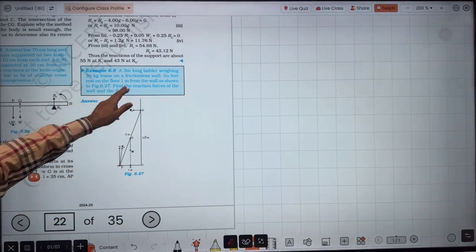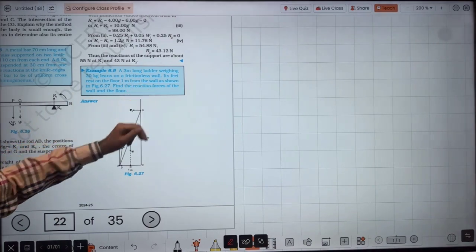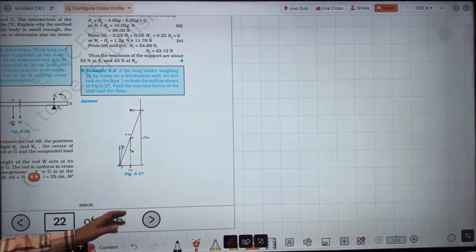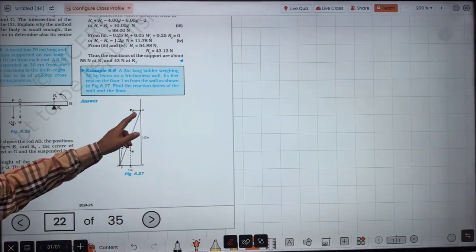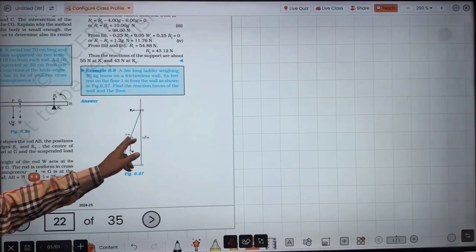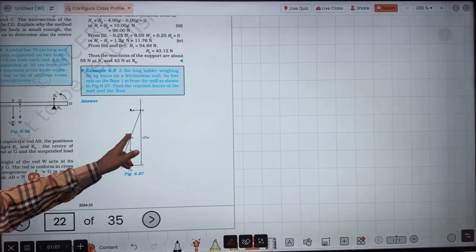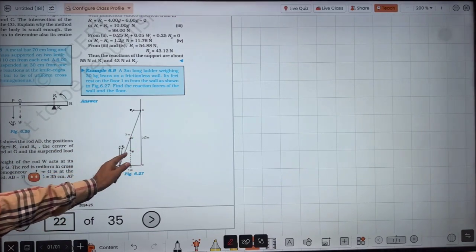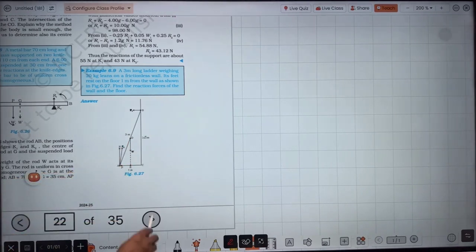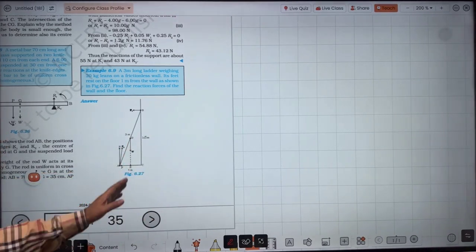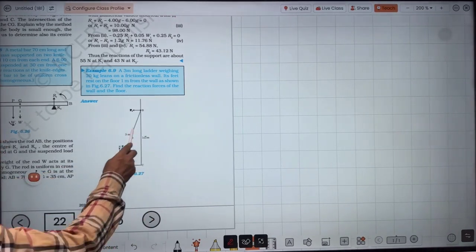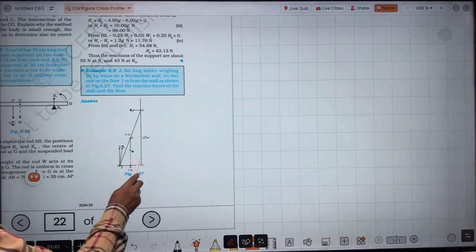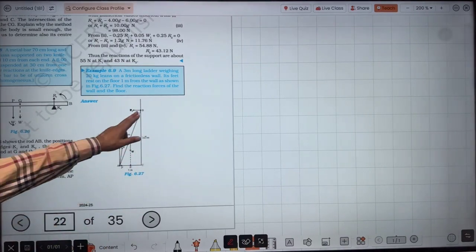Its feet rest on the floor 1 meter from the wall. So this distance is 1 meter, and you know that weight of the ladder will lie at its midpoint, that is center of gravity. So here weight is shown W, and this distance is 2√2 meter. Easily you can calculate, because this is 3, this is 1, so Pythagoras theorem will hold.